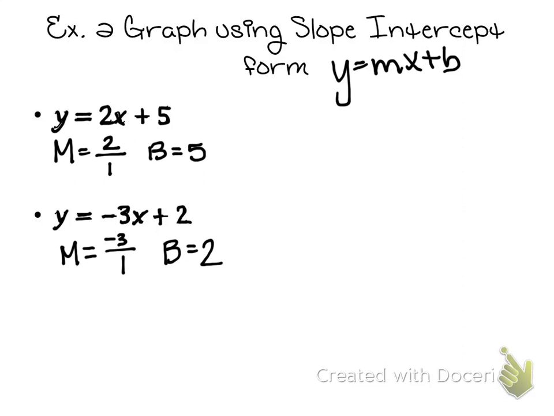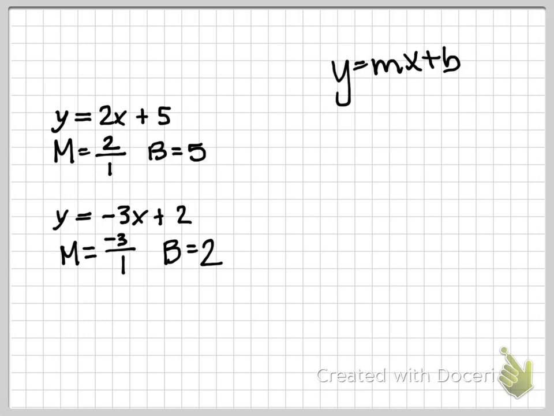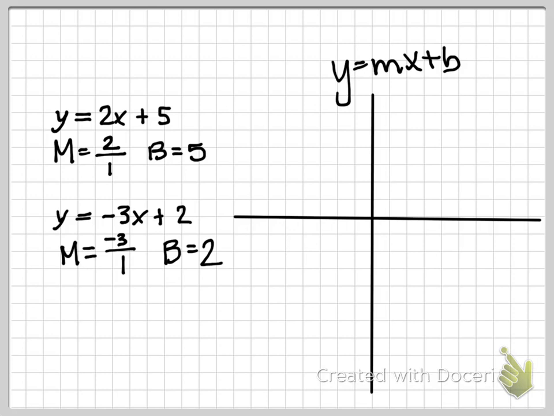Okay, so I'm going to change to my graph paper here. You should have a piece of graph paper out. All right? And what we're going to do is graph both of these lines on the same graph so that we don't have to do too many.